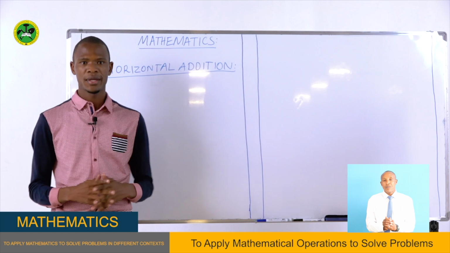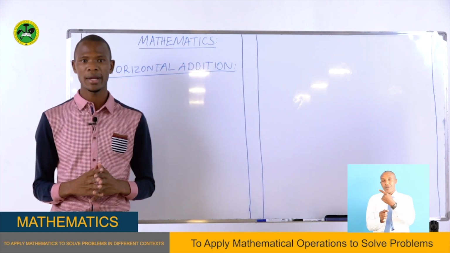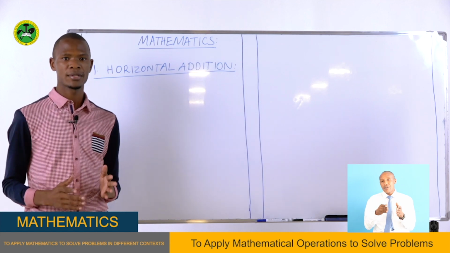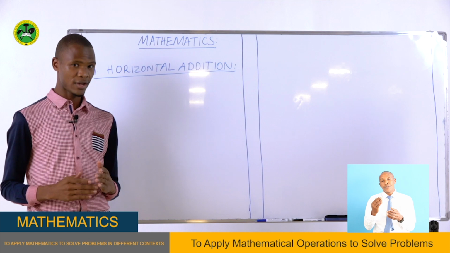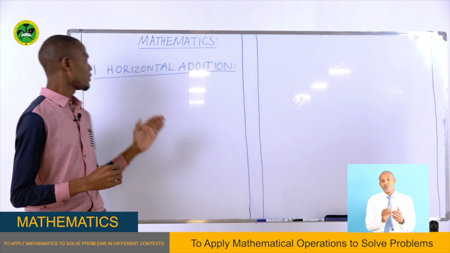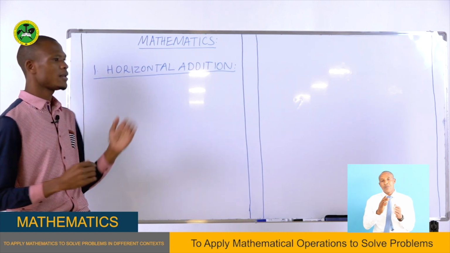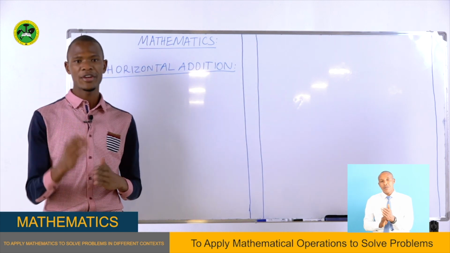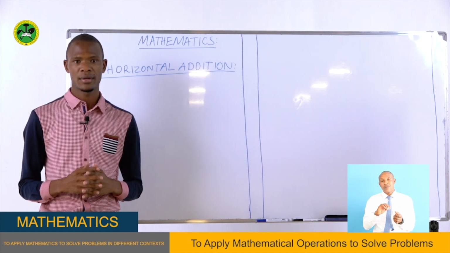This is the first method we are going to apply in order to get the sums of numbers not exceeding 99,999. So, the sums of numbers can be solved by arranging the numbers horizontally.